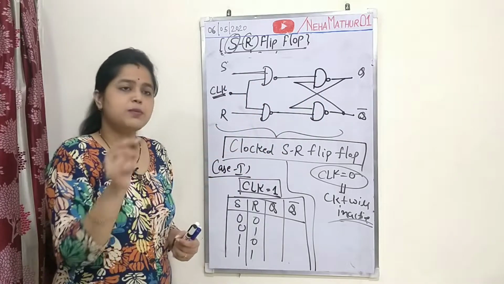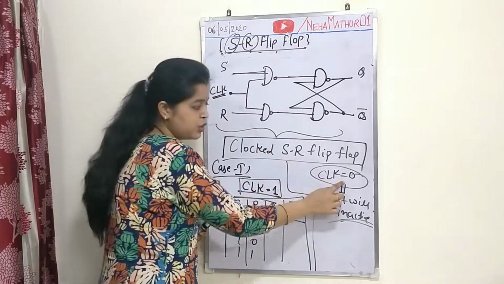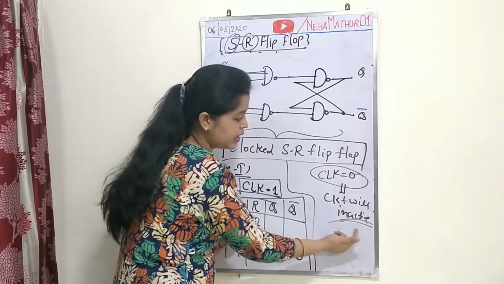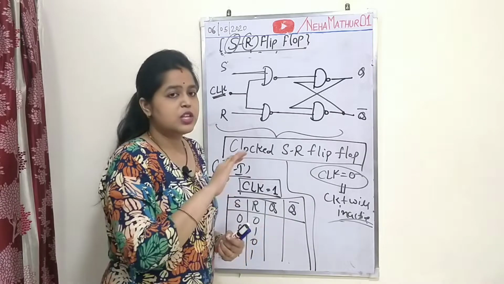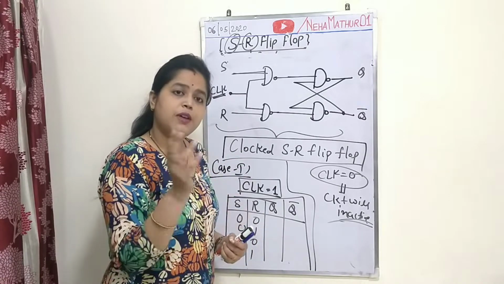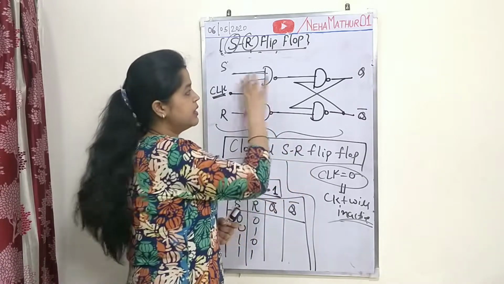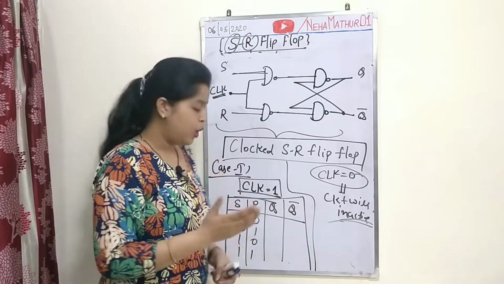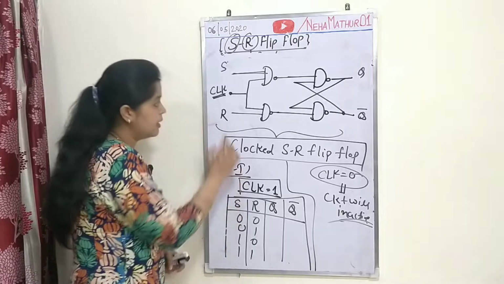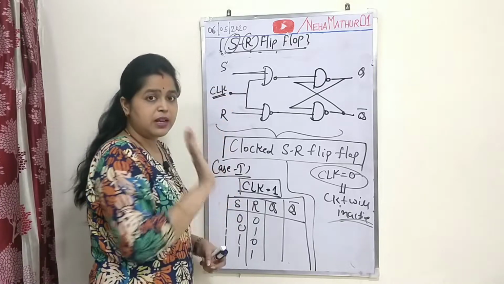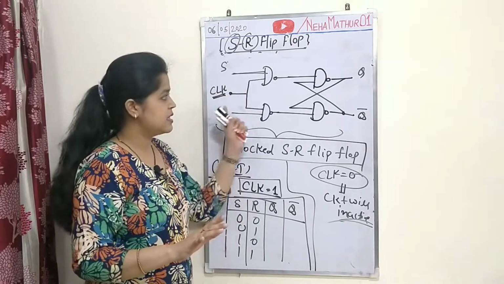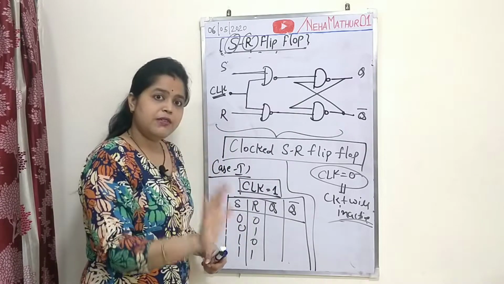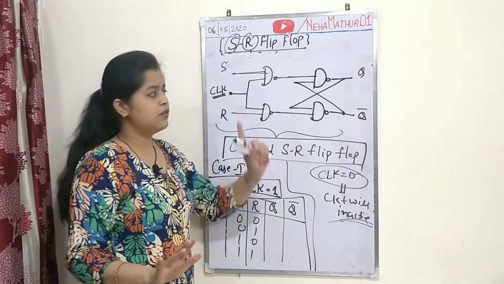Then just by putting your clock equal to 0, you can make that small section inactive. There is no need to give supply whenever you do not want to deal with this section. So instead of applying supply at both its inputs all the time, you can simply make your clock equal to 0, and when the clock is 0, it will not work.